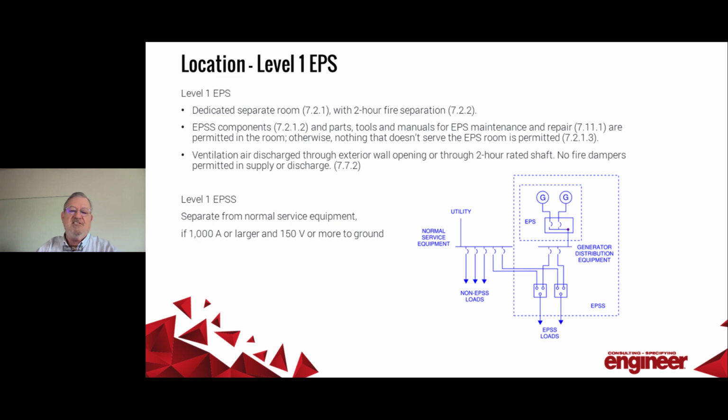Normal service equipment is not defined in NFPA 110, but its definition comes from the National Electrical Code, NEC. It's the service entrance. It is entirely permissible to have EPSS components in the same room with other normal power equipment.